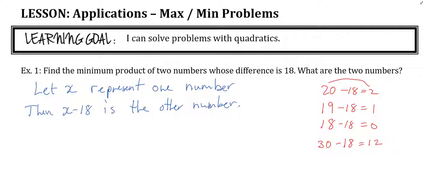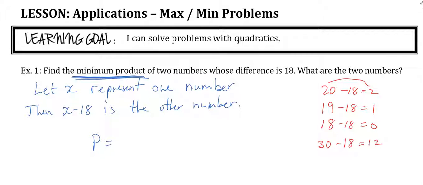I'm not going to make you do another let statement, but I'm going to say P is the product of those two numbers, and that's what we're minimizing. What does product mean? That's not a word that we use a ton, so sometimes people don't know what it means. It means to multiply, so you're multiplying the two numbers. What would that look like?